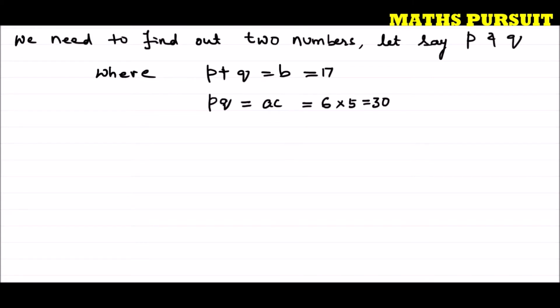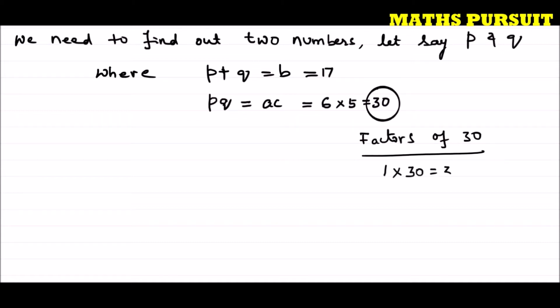Now let us find out the factors of 30. So what are the factors of 30? That means 1 into 30 is equal to 30.